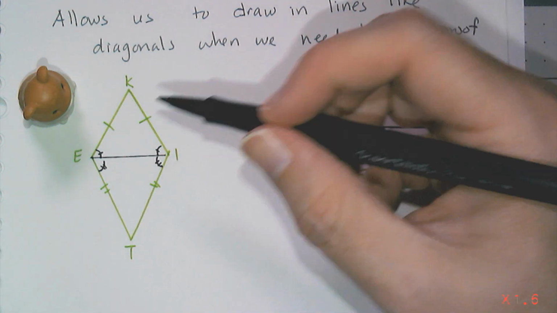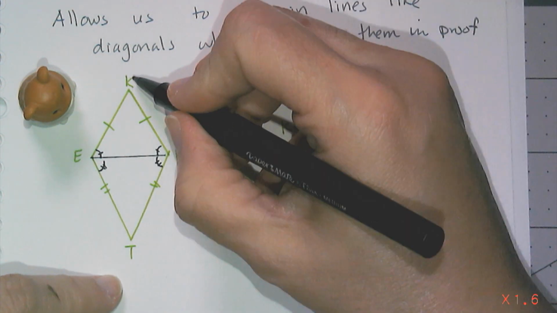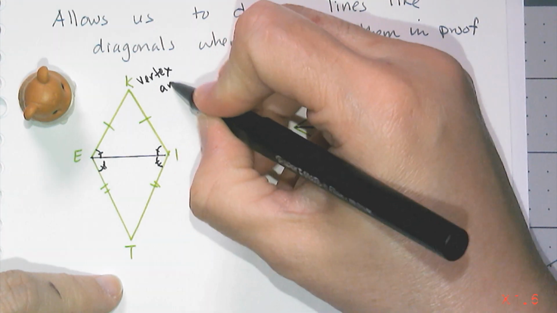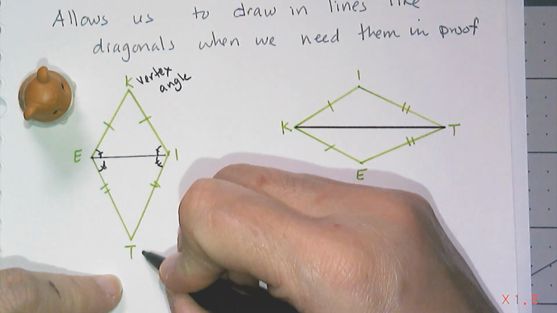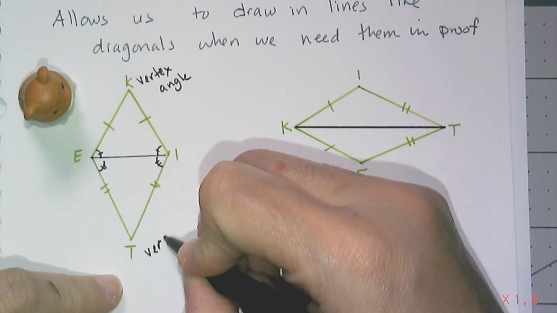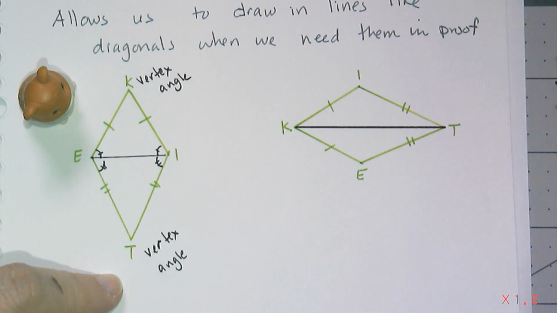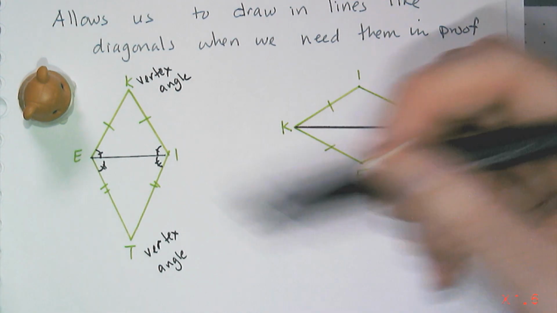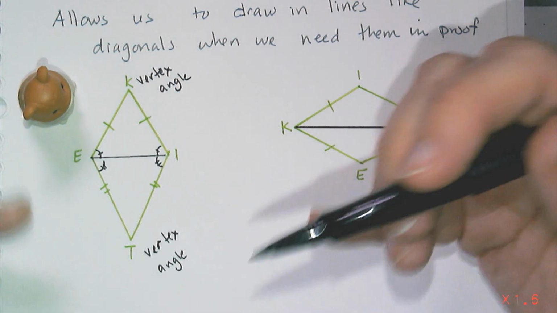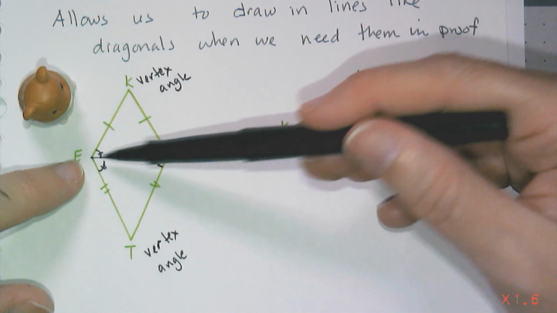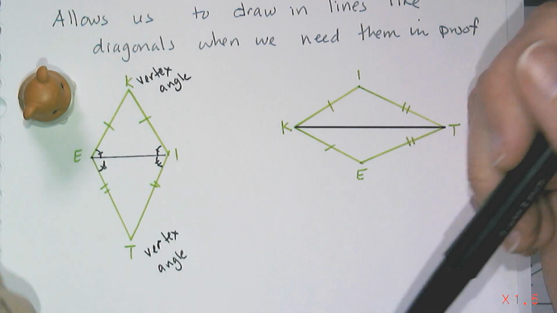And I also have special vocabulary. This K we called a vertex angle, right? Angle K is a vertex angle, and angle T is similarly a vertex angle. They were vertex angles of the triangles, and that's actually what we call them for the kite too. Kites have vertex angles, and they are like the vertex angles of the isosceles triangles that the kite is really made up of.